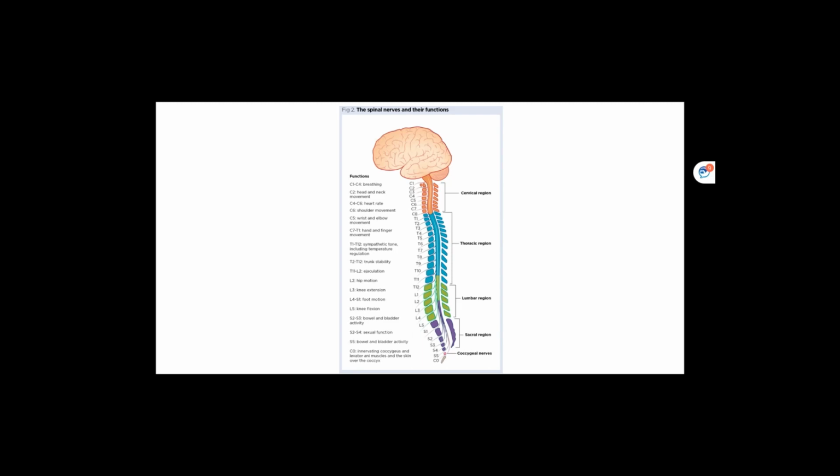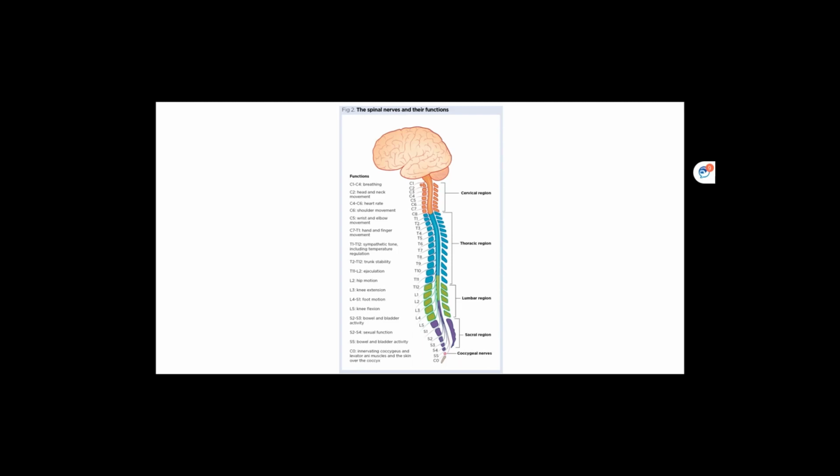You can see C1 to C4 is responsible for breathing. C2 is your head and neck movement. C4 to C6 is heart rate. 6 is shoulder movement. 5 is wrist and elbow movement. You can just see there on your screen again. I'm not asking you guys to memorize these, but it's important to understand that each nerve and each area has different functions for the body.